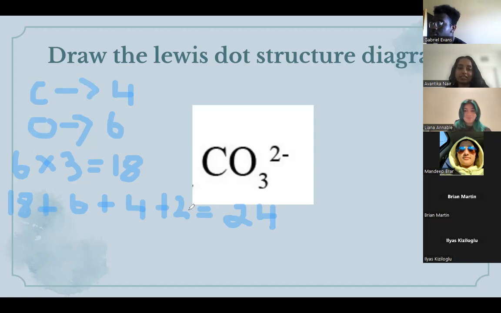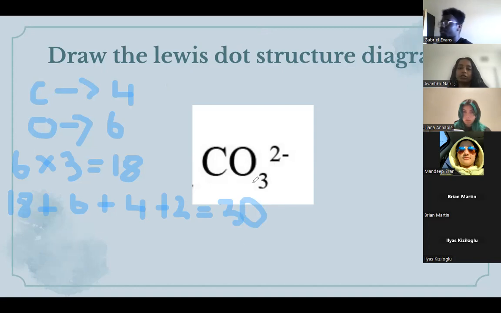Isn't it 30? Am I tripping? Yeah, I think it's 30. I kind of rushed with the math. I think it's just an addition. So it is 30, but you got all the major steps correct.